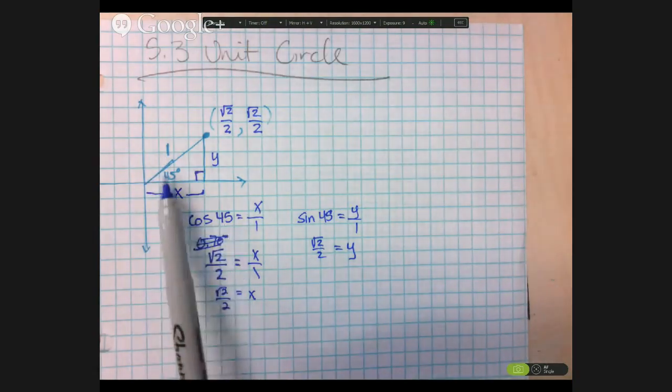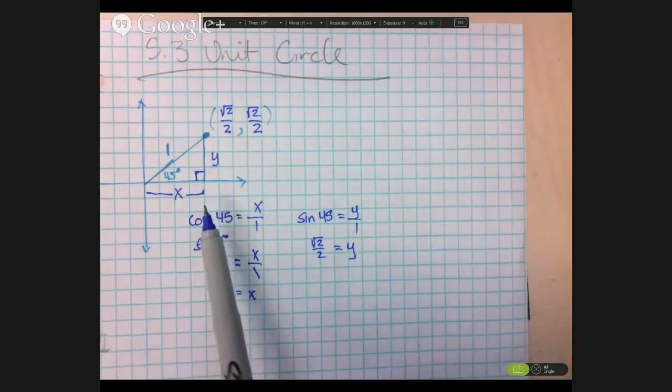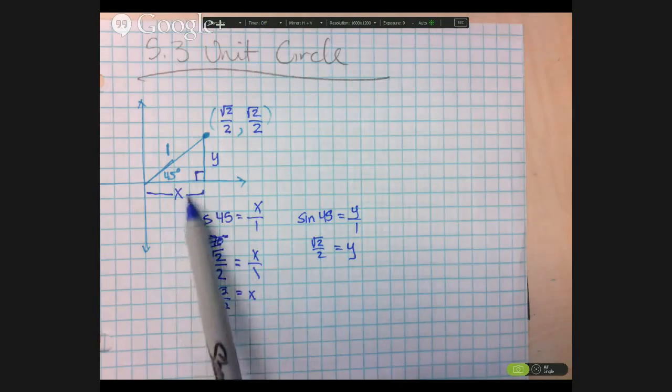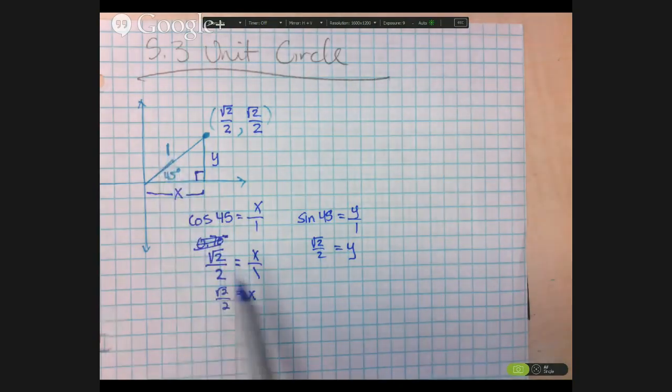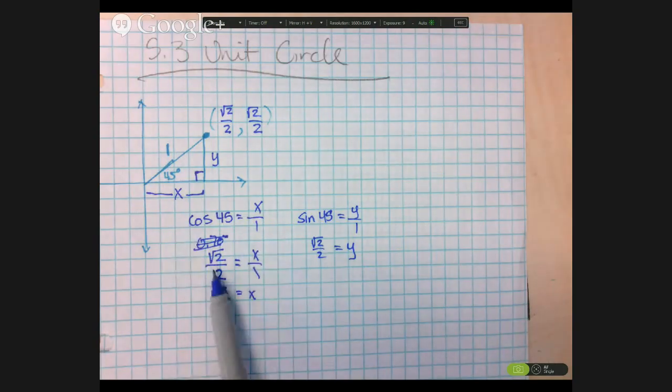Cosine 45. Okay, what's the ratio for cosine? Adjacent over hypotenuse. So cosine 45 is adjacent over hypotenuse. You with me? Okay, cosine 45.